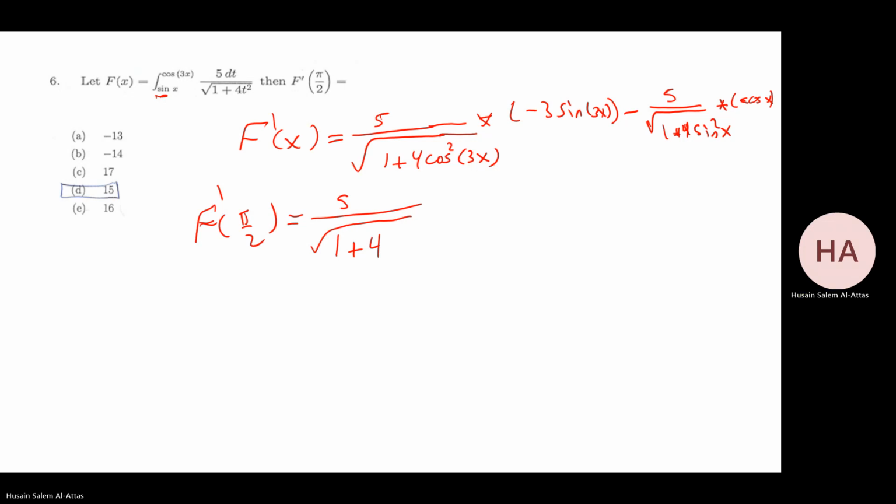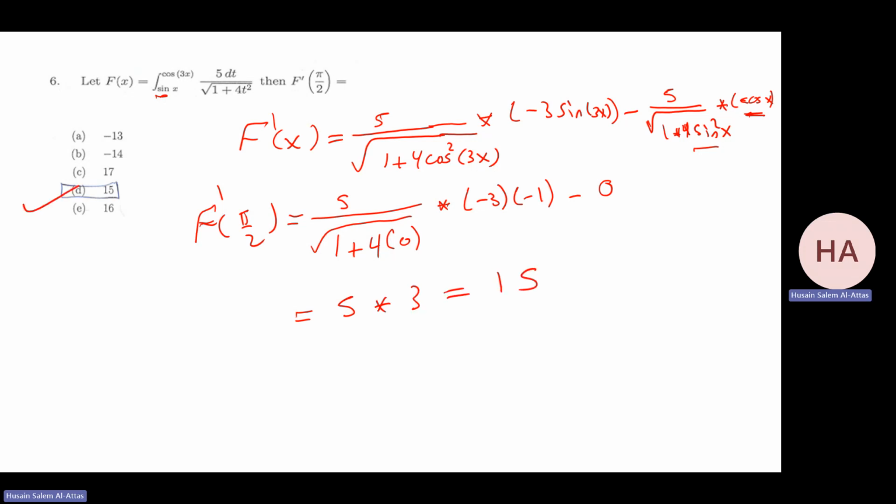That will be 0 times minus 3 sine 3 pi over 2, which is minus 1, minus 0. Since cosine pi over 2 is 0, this will be 1. Who cares? Something times 0 will be 0. So that gives me what? 5 times 3, which is 15, which is this one.